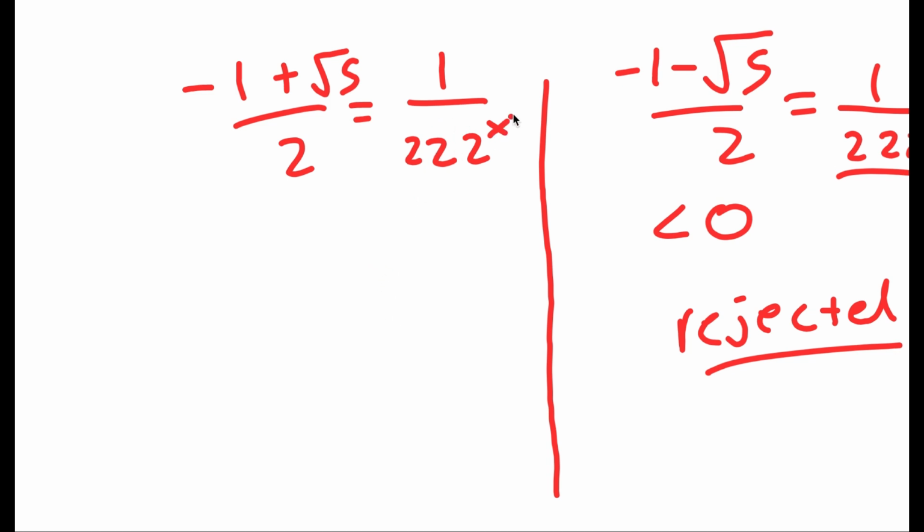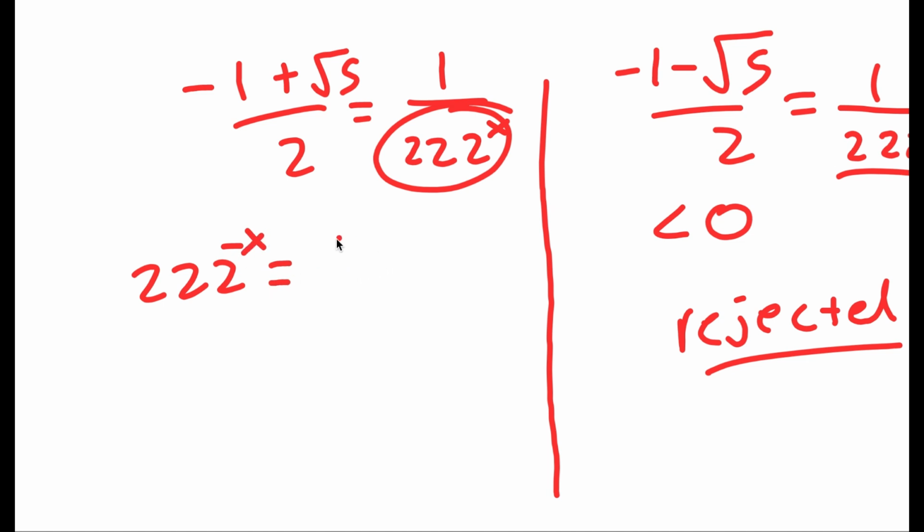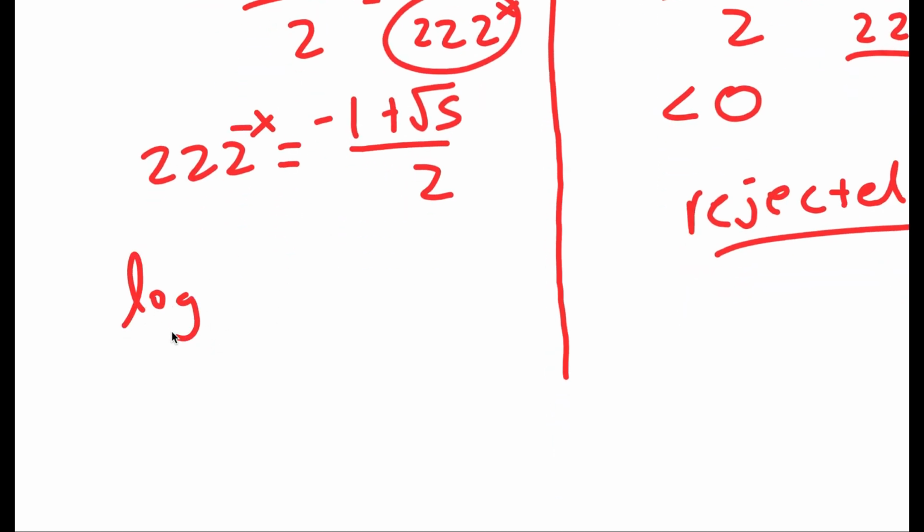So to solve this, I'm going to first rewrite 1 over 222 to the power of x as 222 to the power of negative x. So I have this is equal to negative 1 plus the square root of 5 over 2. And now I'm going to take the log base 222 on both sides.